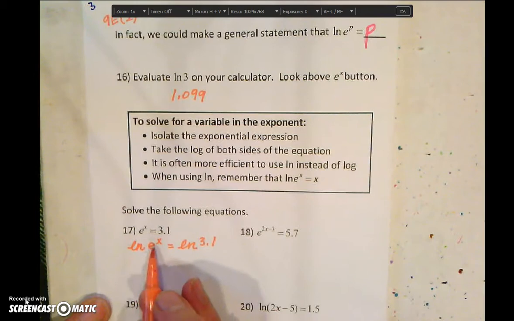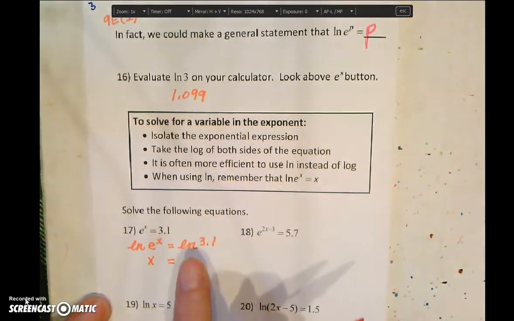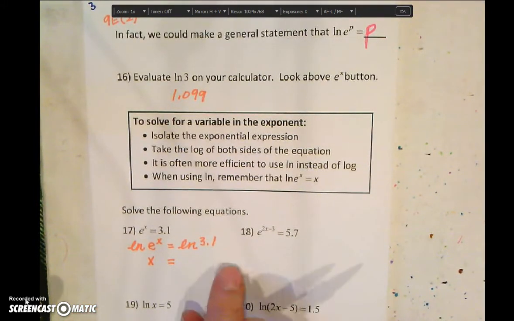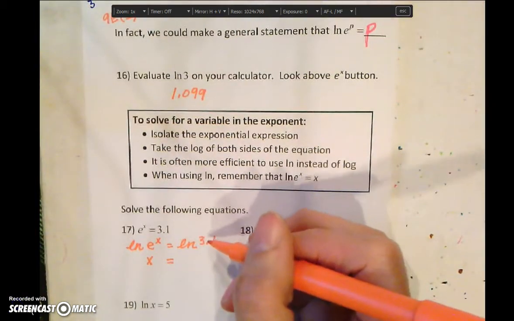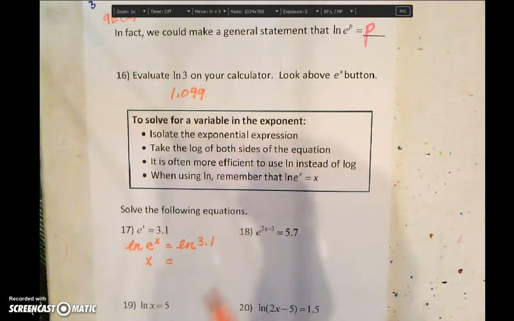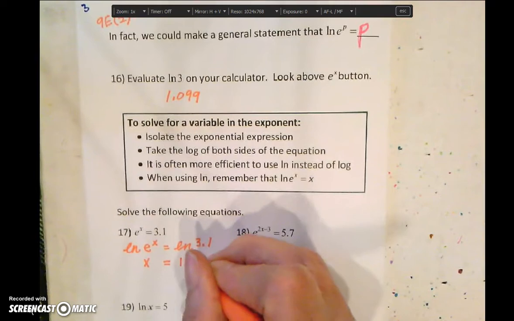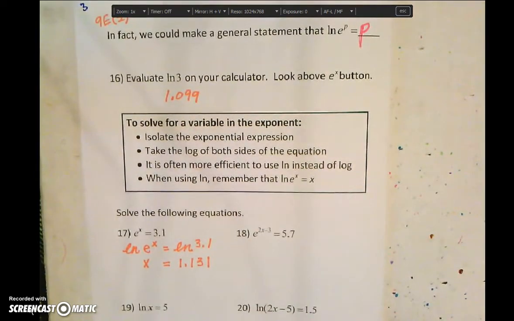Well, we know that ln e to the x is x. And so now we just need to go to our calculators and put in ln of 3.1. This comes out to be 1.131 when we round it, rounding it to 3 decimal places.